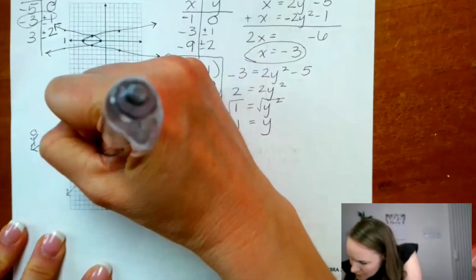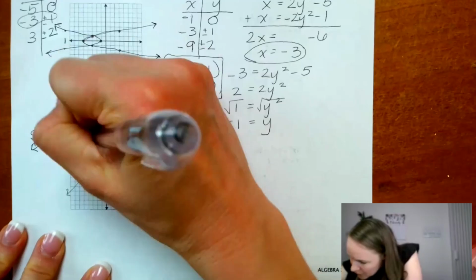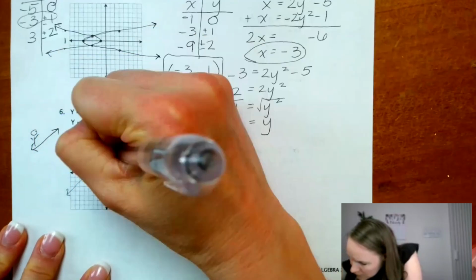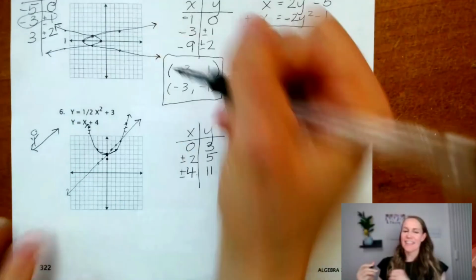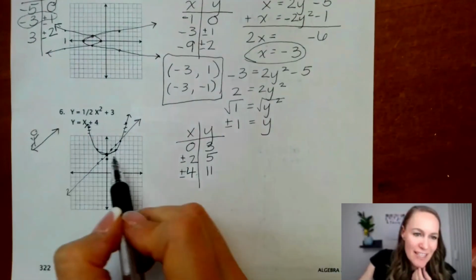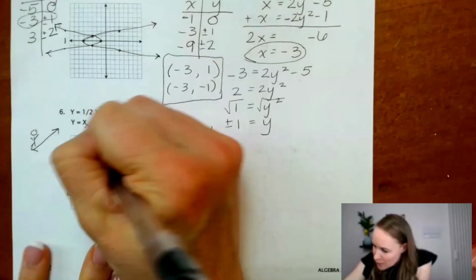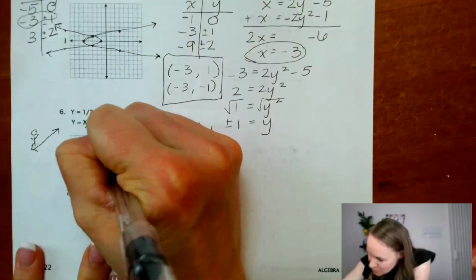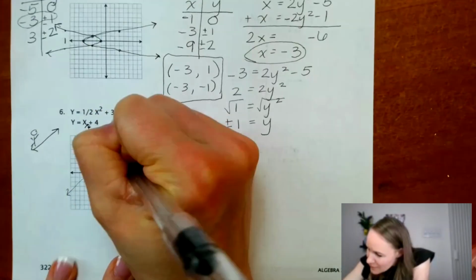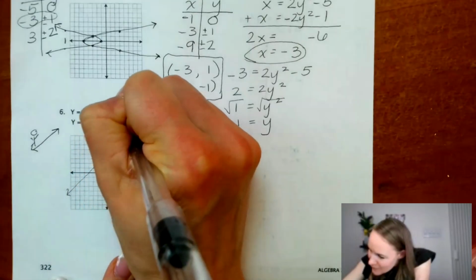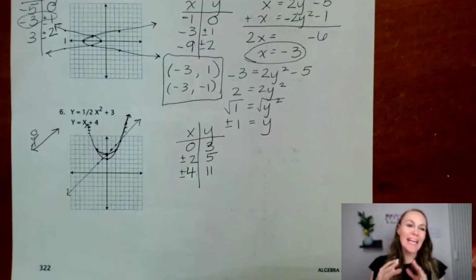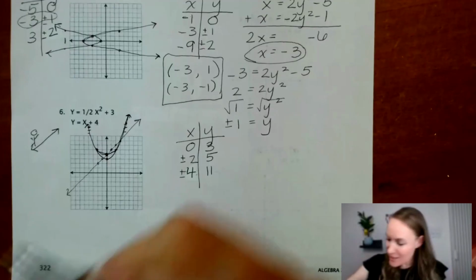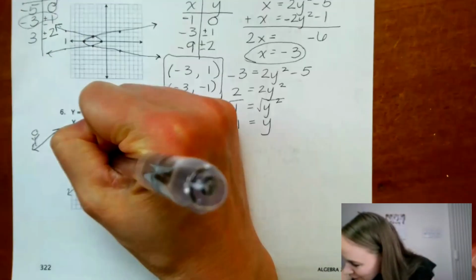Okay, so nice little parabola here. There we go. Okay, so you can see that this, oh, I drew it wrong. I picked the wrong point. Okay, there we go. So I can't really tell by graphing where exactly it crosses the line, but it looks to be somewhere here and somewhere here.